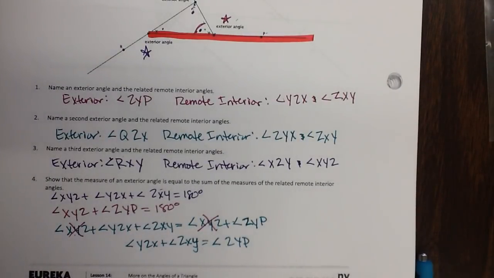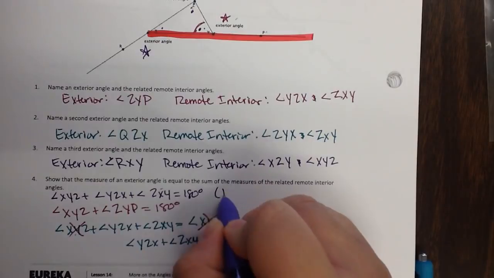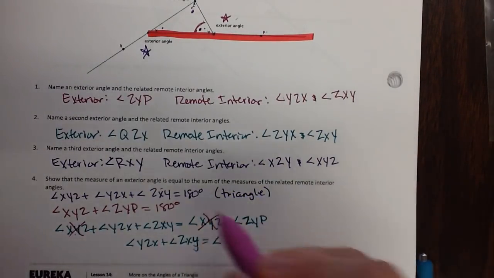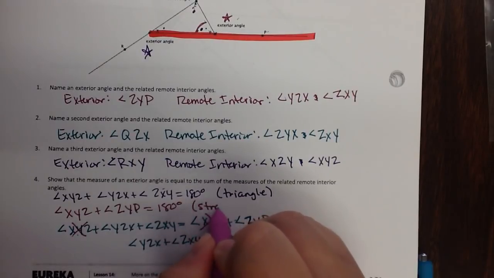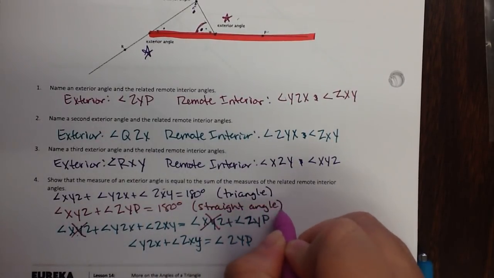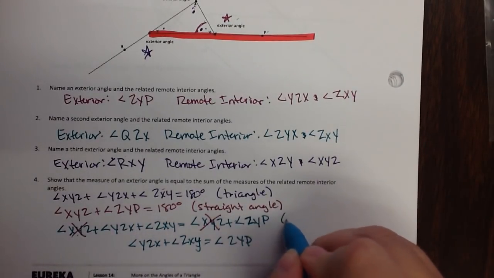Okay, so this is where we were talking about a triangle. This is where we're talking about a straight angle. And you can pick any of the straight angles. And then we just made them equal each other.